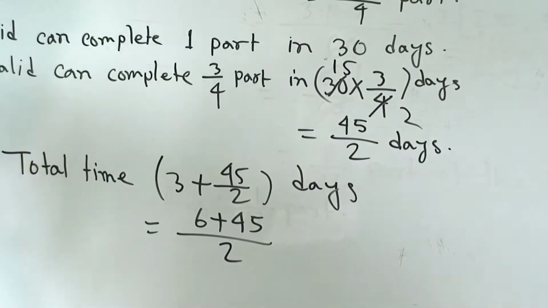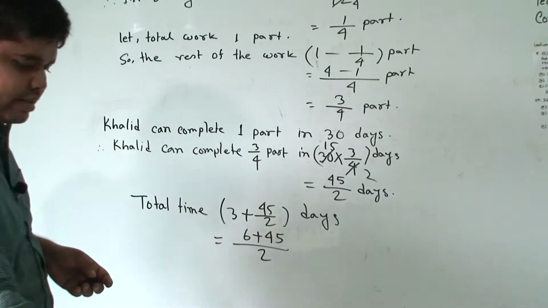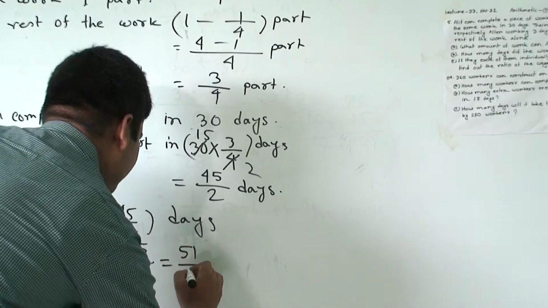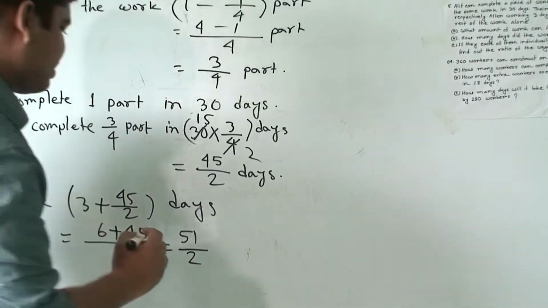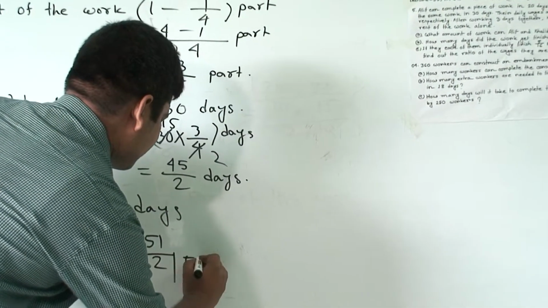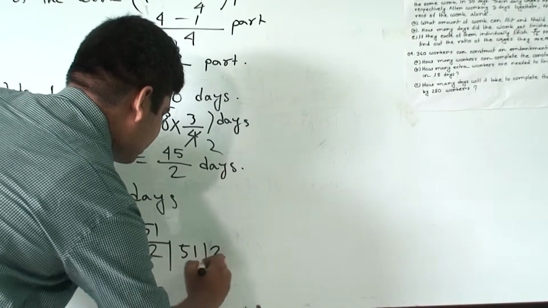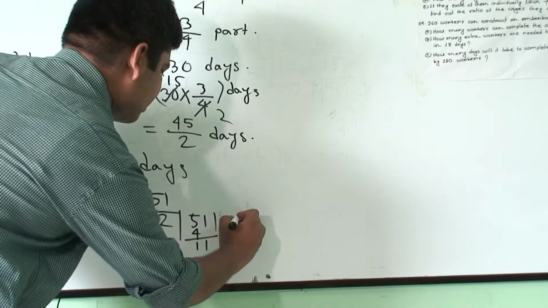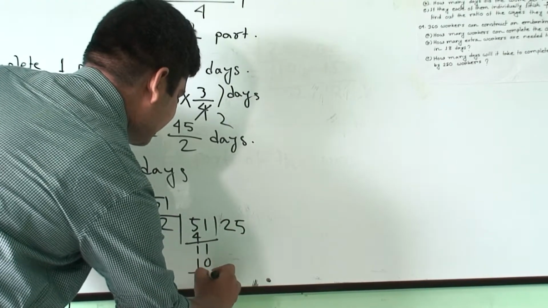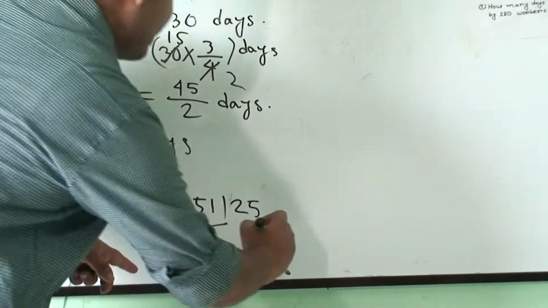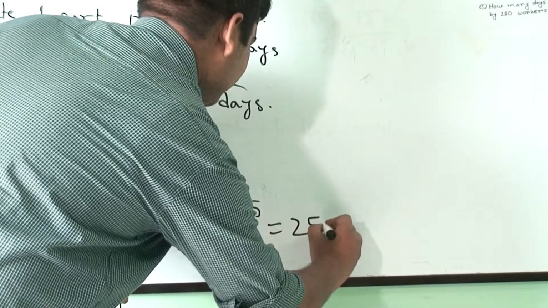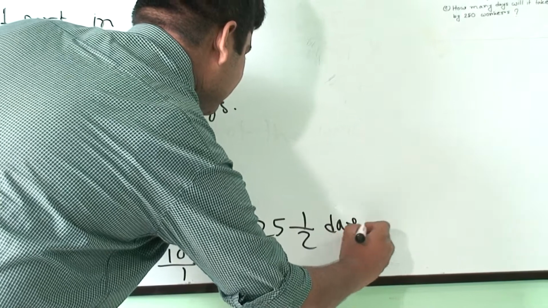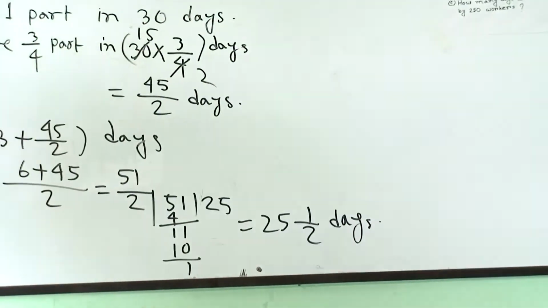Now we add, then we get 51/2. My dear students, now we divide 51/2, 2 2s are 4. 1 1 in 11, 2 goes in 5 times, that means 10. Subtract 1. So if I write this, then we get 25 into 1/2 days, and this is the required answer.